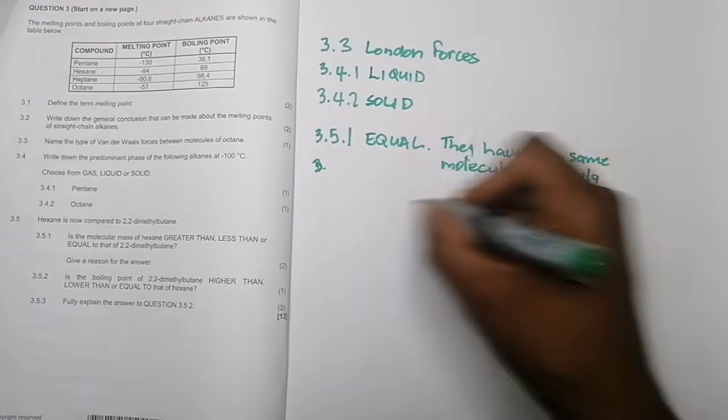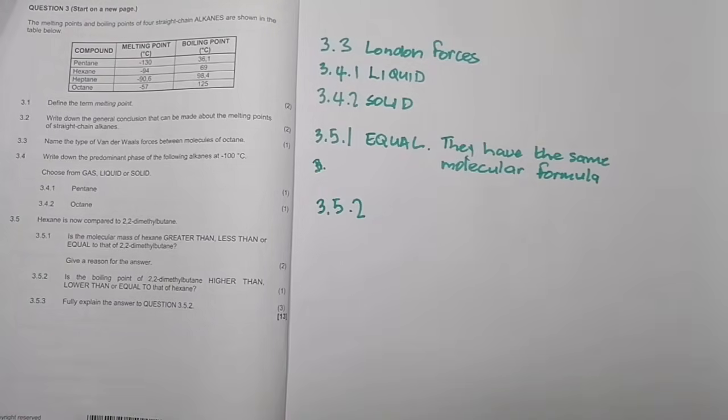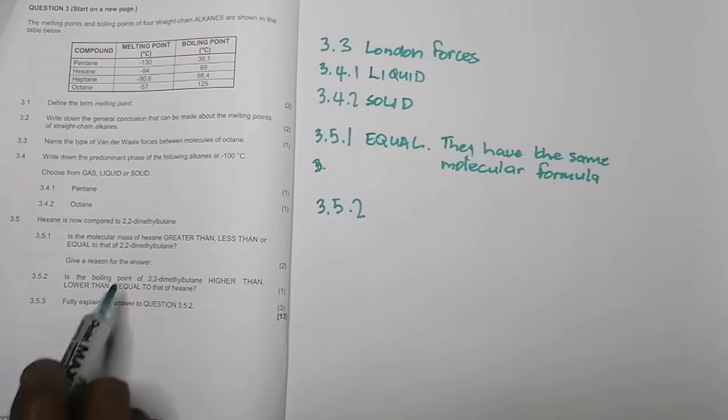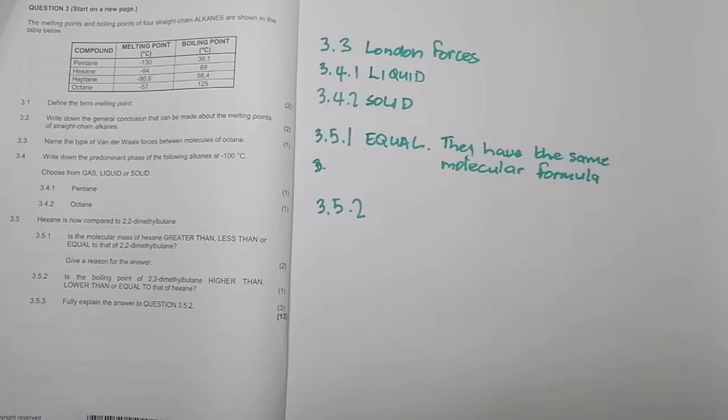So 3.5.2. They say, is the boiling point of 2,2-dimethyl butane higher than, lower than, or equal to that of hexane? Remember, because this one is more spherical in shape, 2,2-dimethyl butane would have a lower surface area.